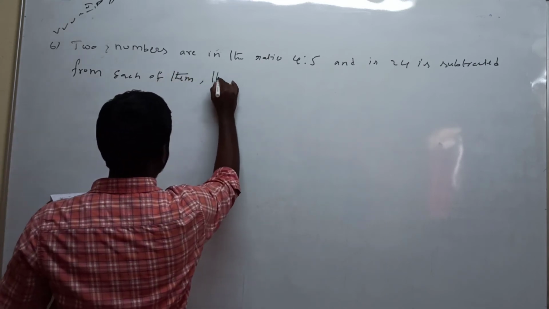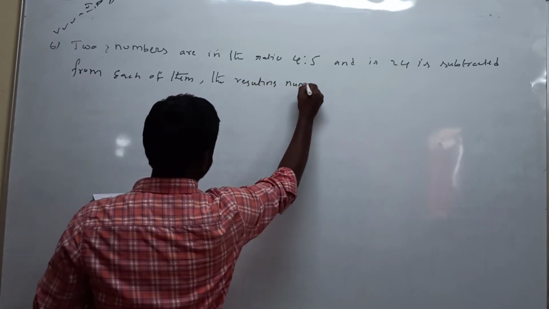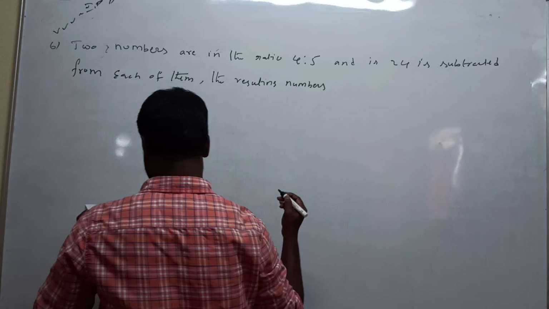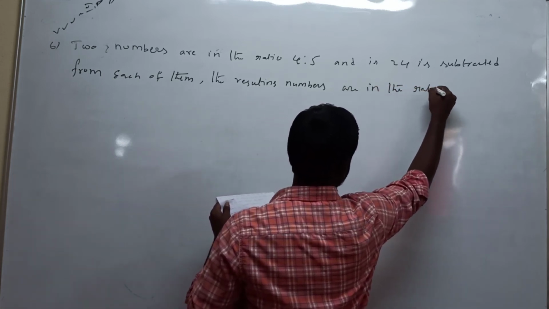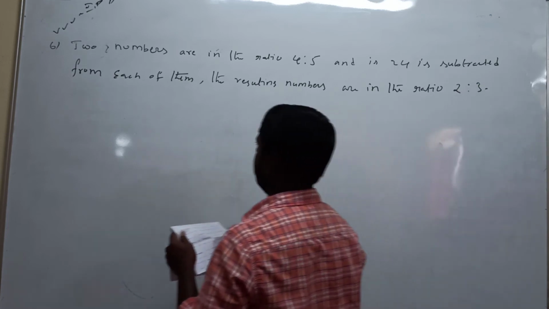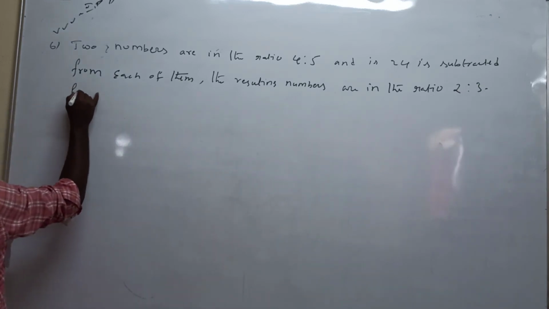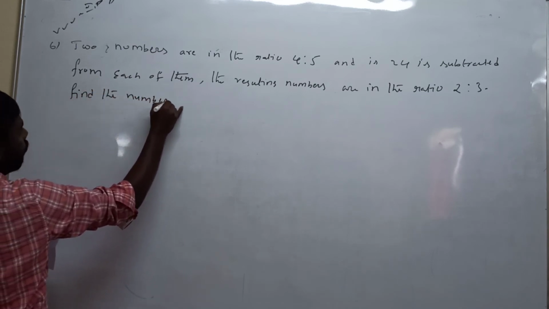So the resulting numbers are in the ratio 2:3. Find the numbers. So read the question once. Find the numbers. What are they asking?